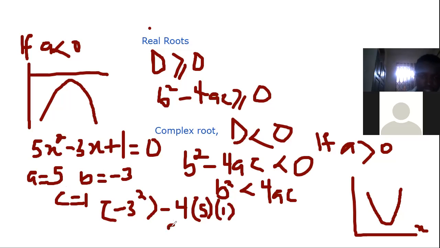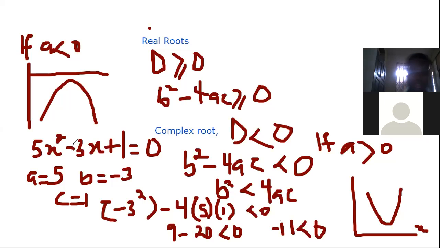So you are going to get 9 minus 20, which is negative 11, less than 0. So this shows that the roots of this equation are complex roots. Do you get it?